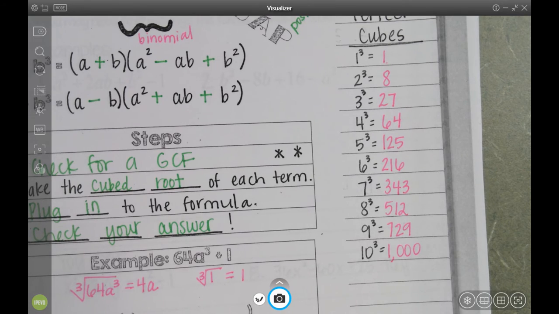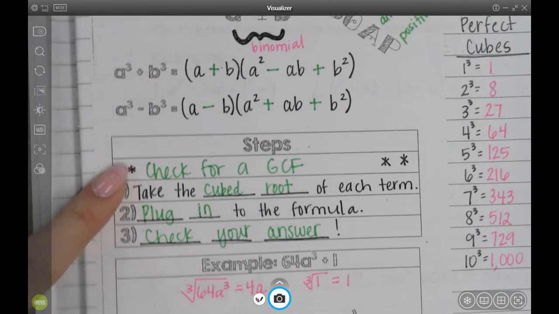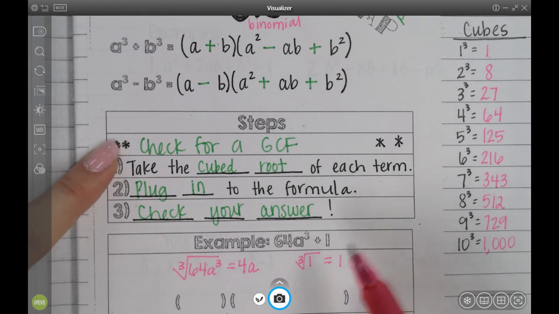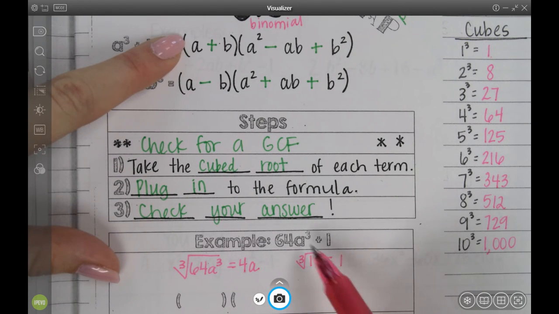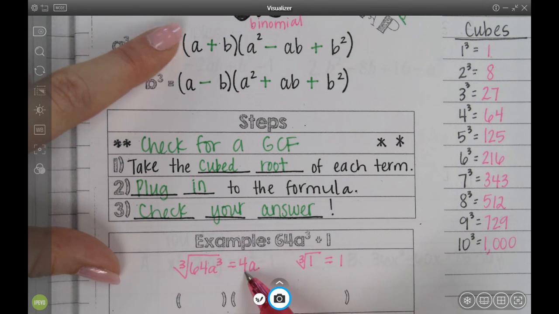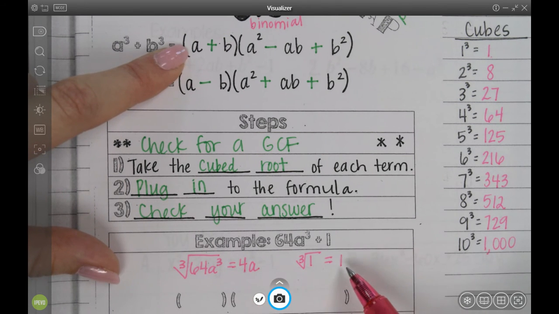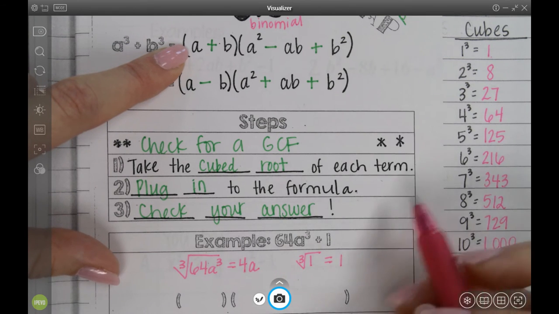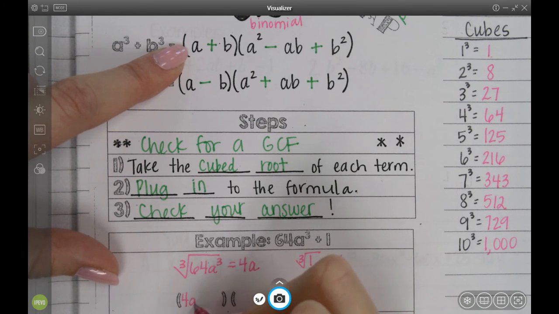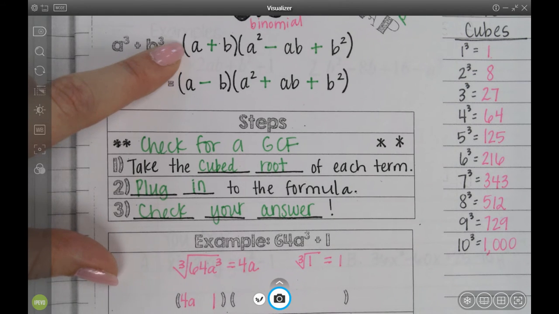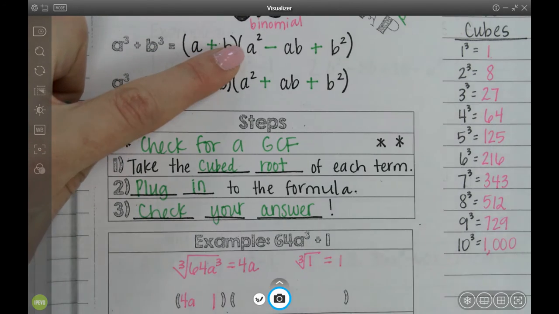And then I'm going to plug all the things into my formula. Okay, so I'm using this one on the top. And this first one is A, or 4A is what I'm going to plug in everywhere there's an A. And 1 is what I'm going to plug in everywhere there's a B. So I'm going to have 4A and 1. What is 4A squared?